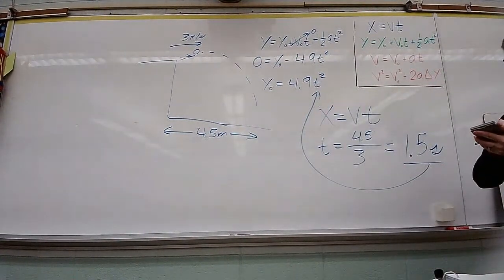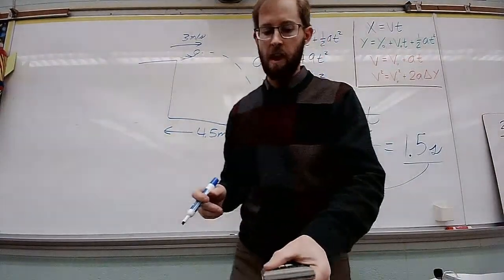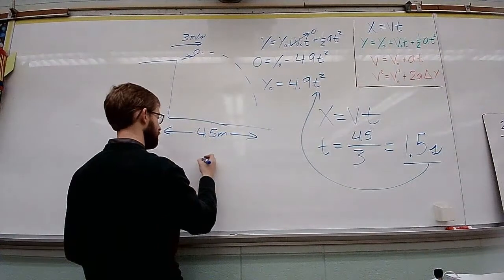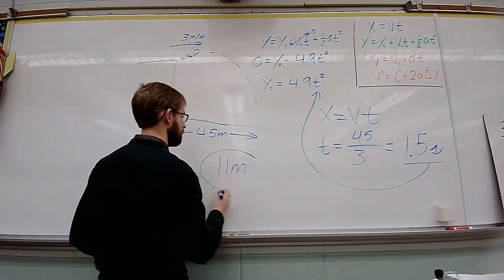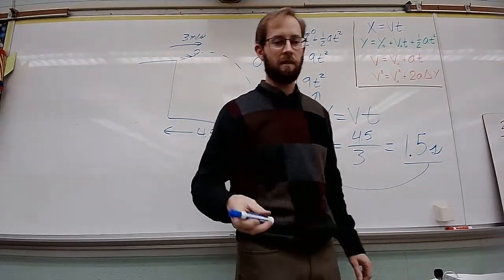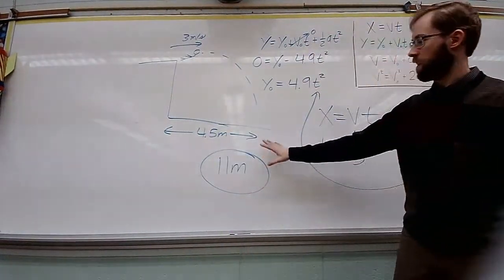So 1.5 squared times 4.9 is equal to 11, and that then is how tall the cliff at Red Granite Quarry is. Which is about as tall as some of the cliffs they have there. I don't know how big they are now that they've cut them down a little bit. That's about how high you jump from.